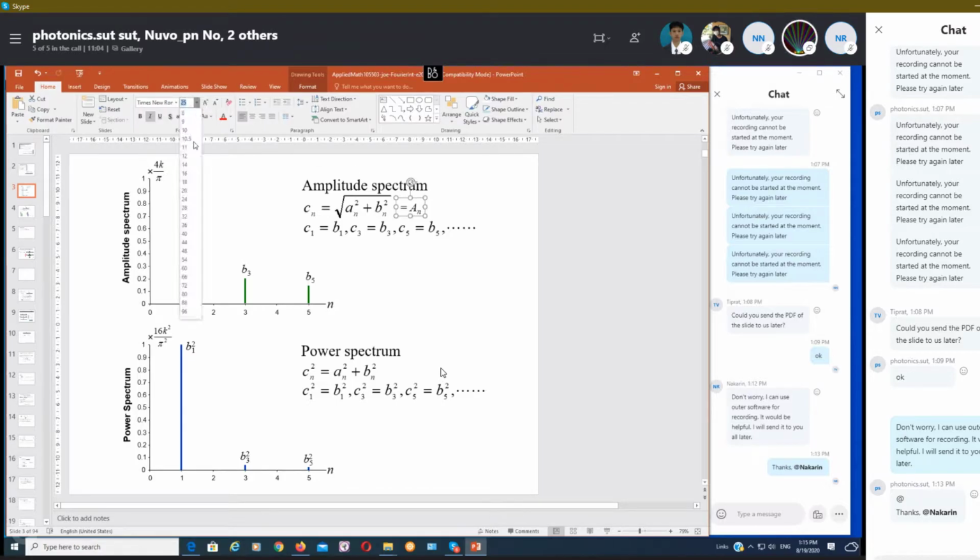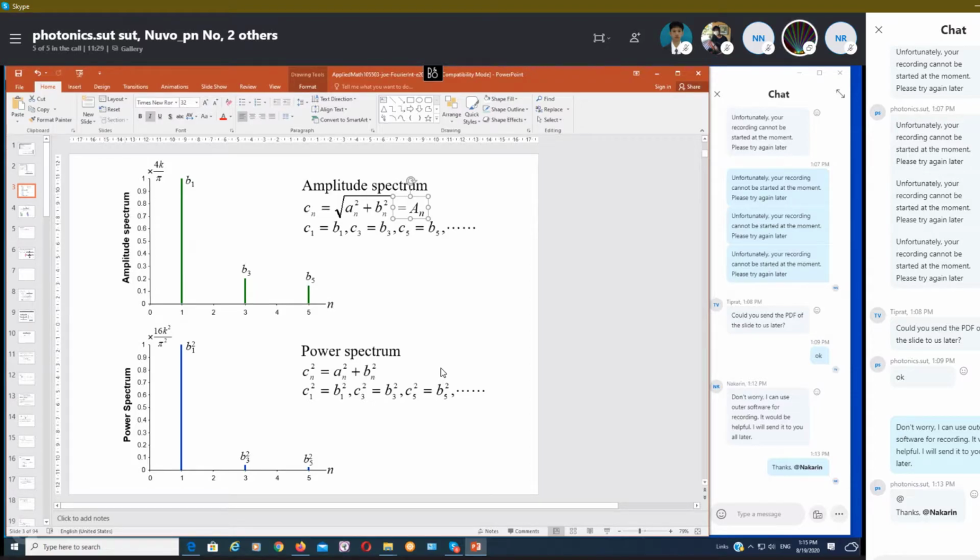Last time for the normal Fourier series, the amplitude spectrum we expressed as the square root of An squared plus Bn squared. Now we have a coefficient Cn.